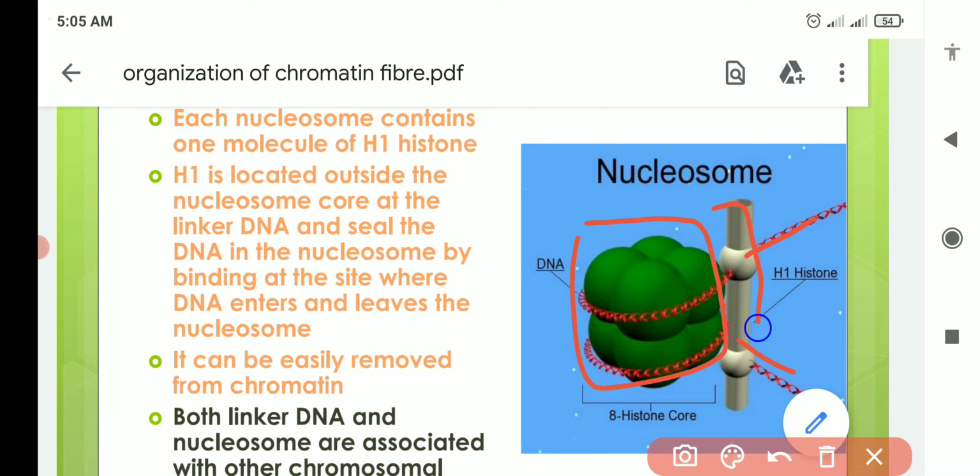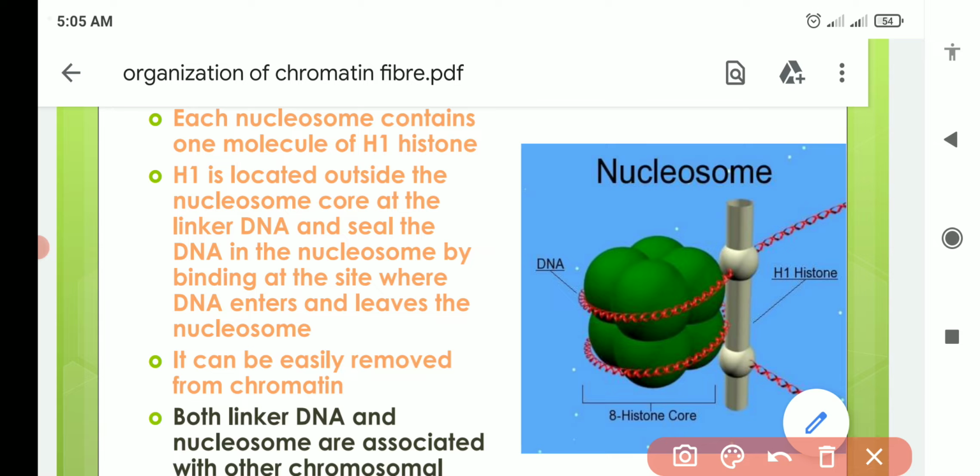It is present outside the octamer and tightens the structure, which is why this octamer structure remains as it is. Because this histone seals from outside, the nucleosome structure is very fixed.